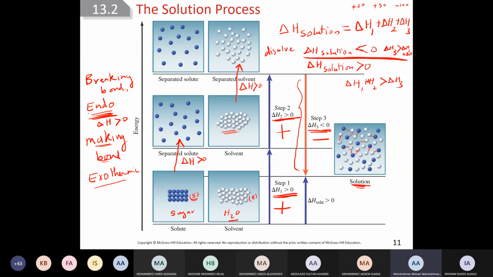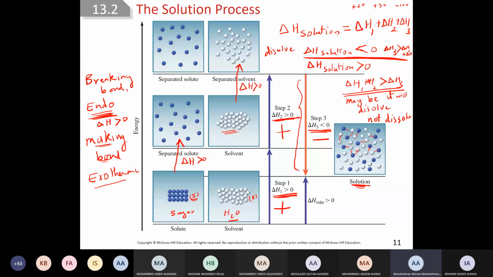But if we have delta H1 and delta H2 greater than delta H3, then maybe it will dissolve, or maybe it will not dissolve. I repeat one more time.